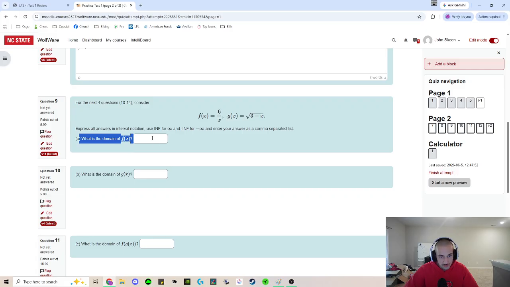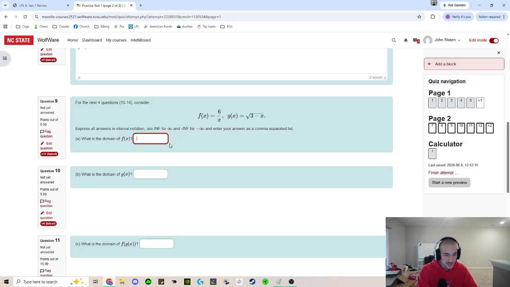What is the domain of f? It says express all answers in interval notation. So saying R or real numbers, we're not going to do that. We're going to use intervals. Remember infinities. So let's just look at f. This is defined everywhere but 0. You can't divide by 0, but you can divide by anything else.